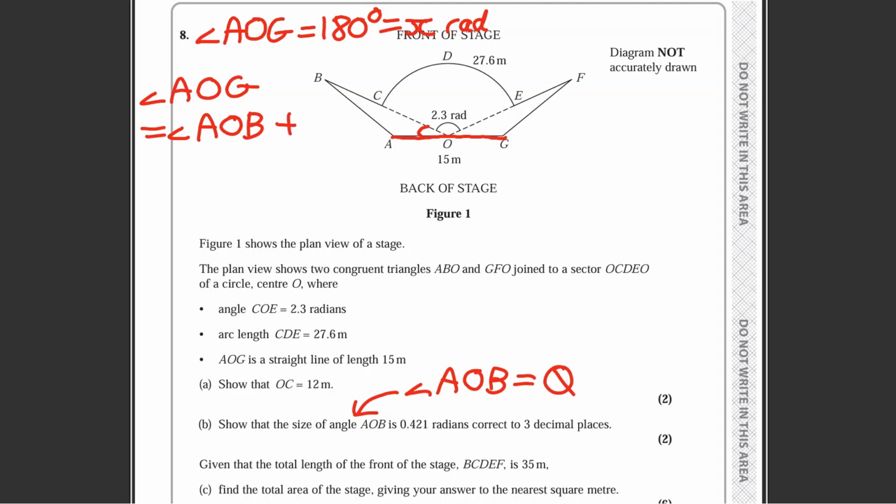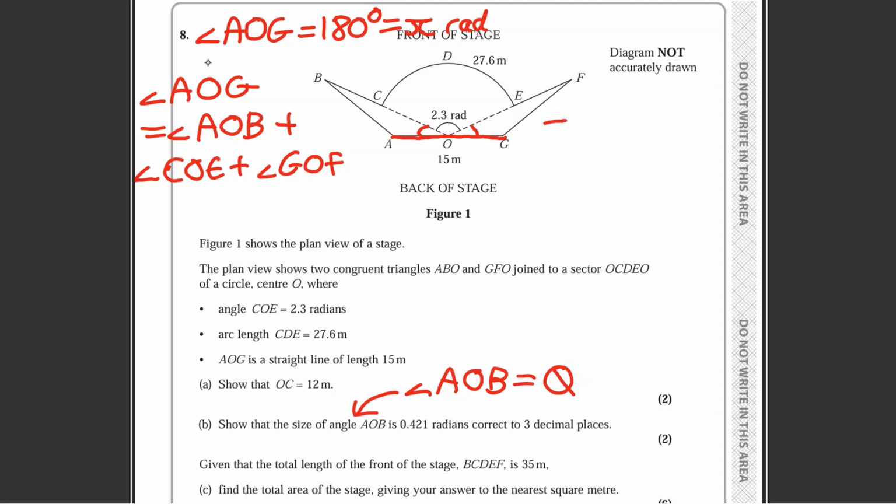Then it's plus the angle here, this COE, and then this is plus this angle here as well, which is angle GOF. We know that AOG is pi radians, or 180 degrees, because it's on a straight line.